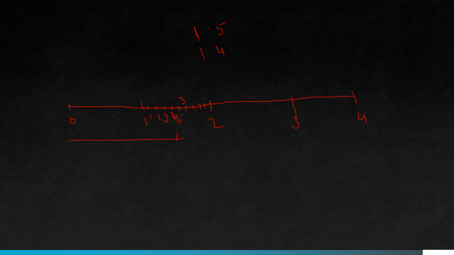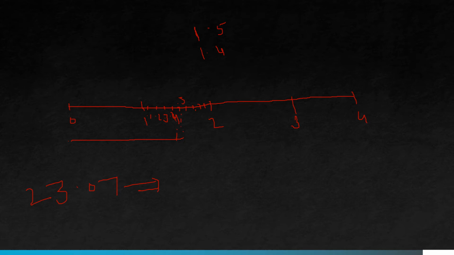Let's say I am giving you an example, 23.07. You have to write the place value for each digit.